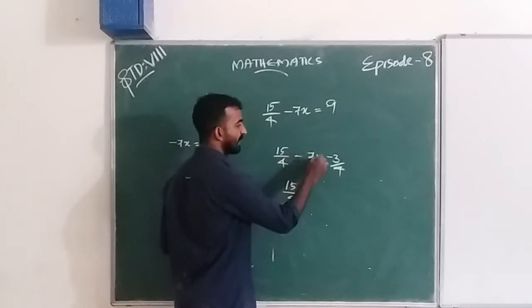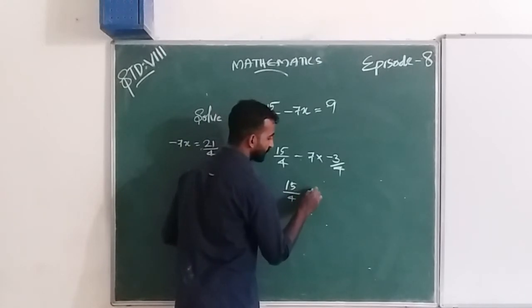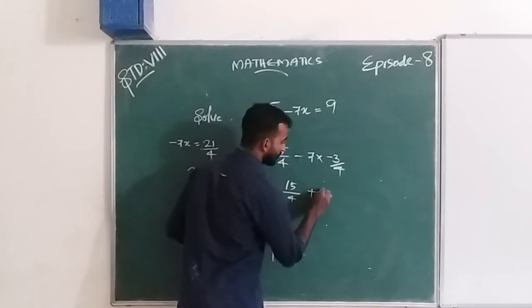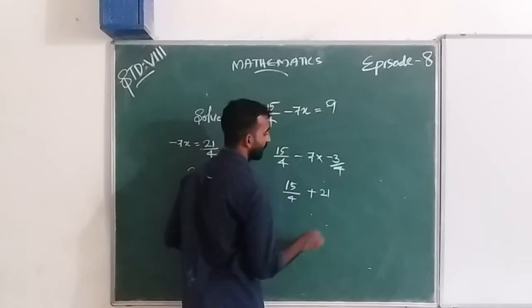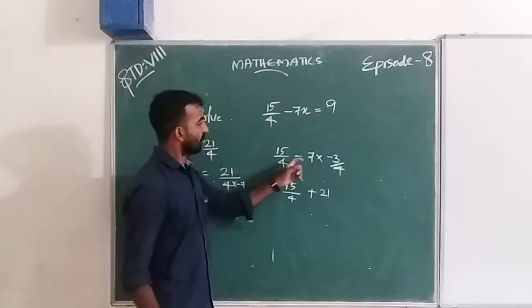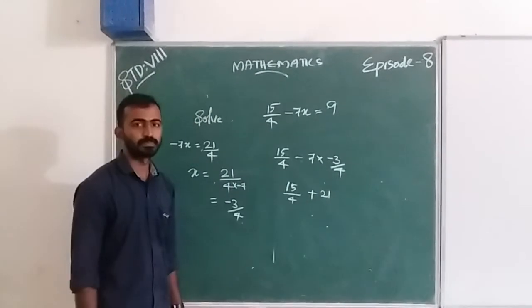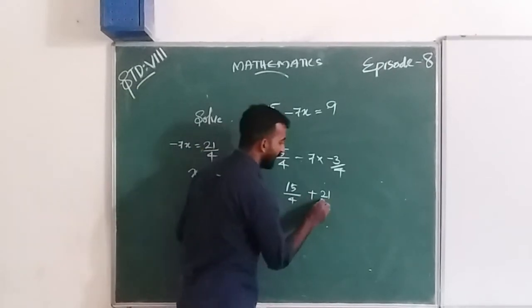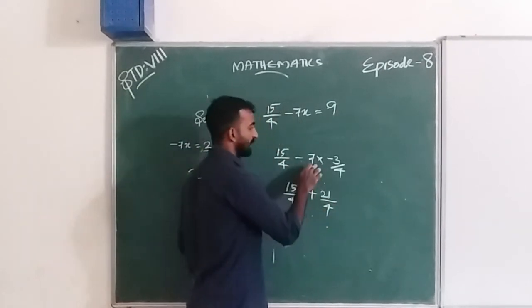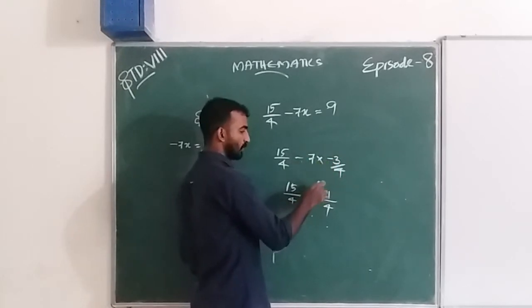Here, negative 7 into negative 3, that is plus 21 by 4. 7 into negative 3 we get negative 21.